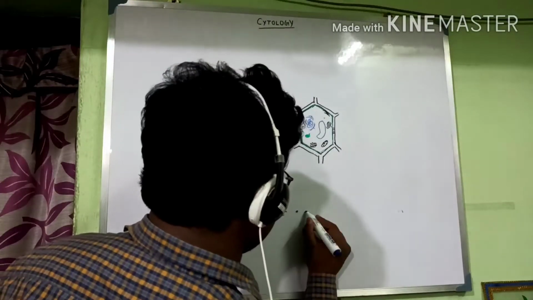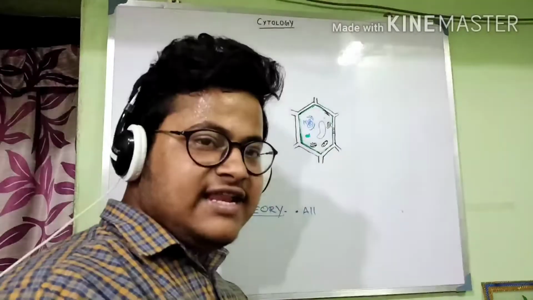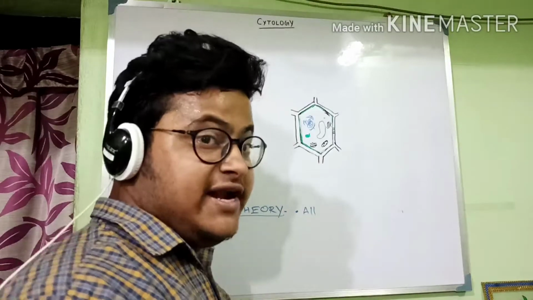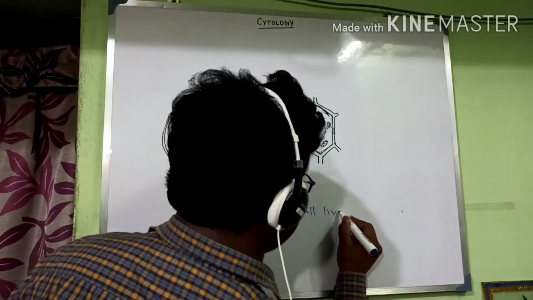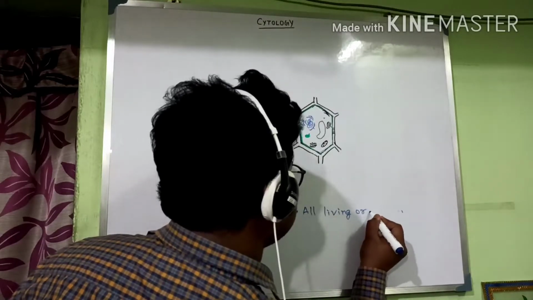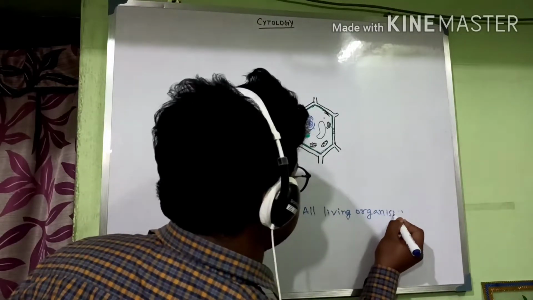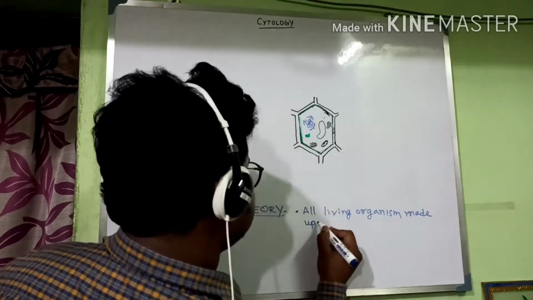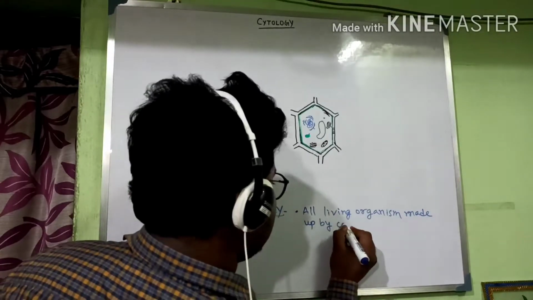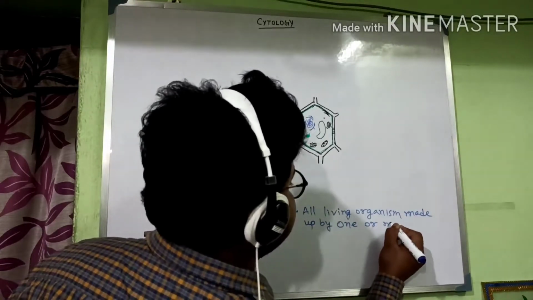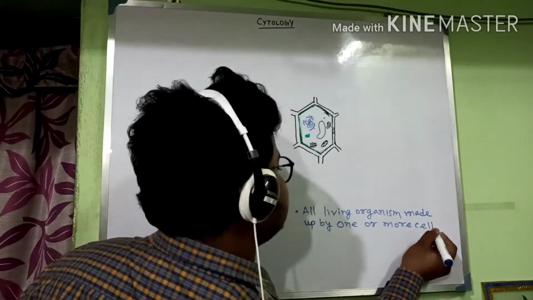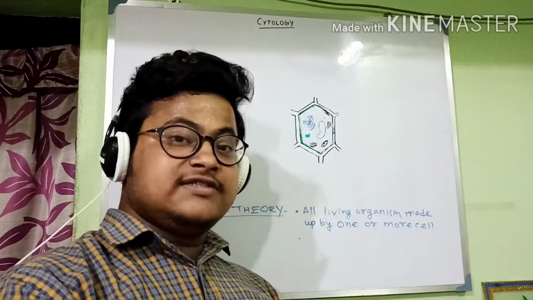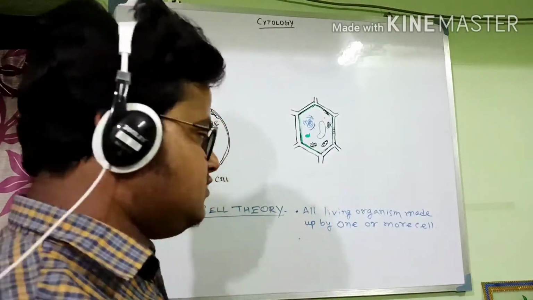First, all living organisms are made up of one or more cells. Second, cells are the smallest structural and functional unit.